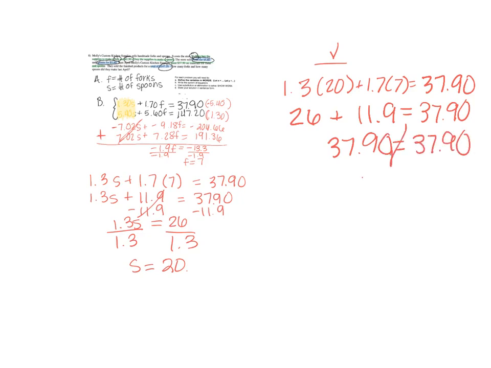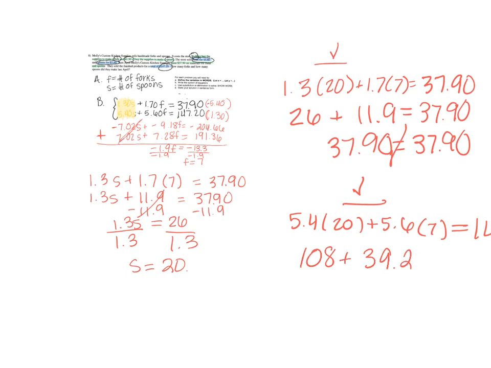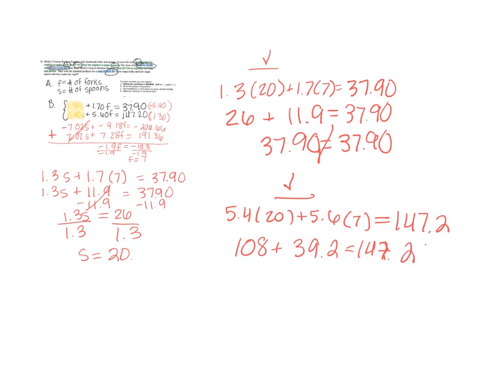Then I'll do it for the second equation. So I'll multiply 5.4 times 20 to get 108 plus 5.6 times 7 to get 39.2 equals $147.20. Add those together, and that will give me a total of 147.20 equals 147.20. Those check.